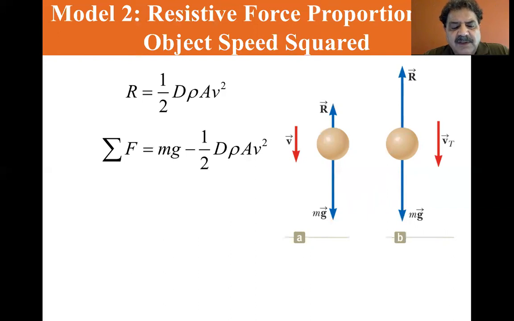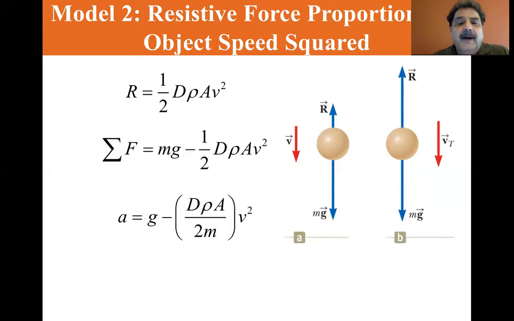We can model the object as a particle under a net force. The object has downward acceleration of magnitude g minus D rho A divided by 2m times v squared. Let's see. We calculate the terminal speed.